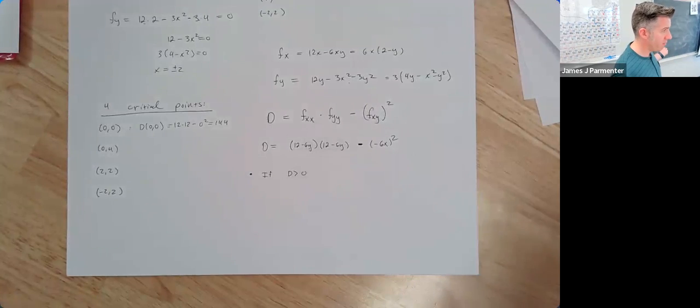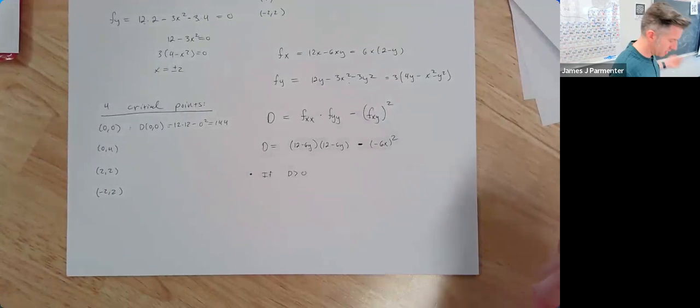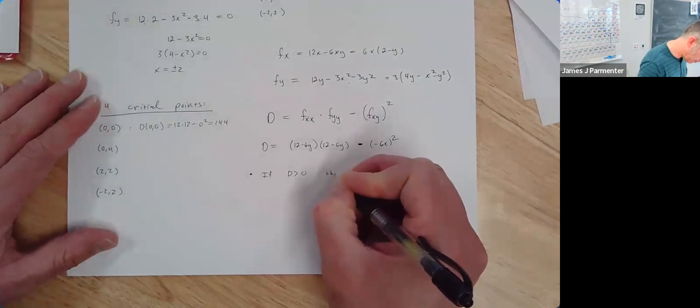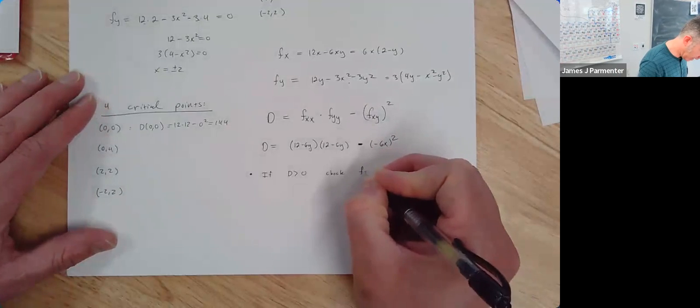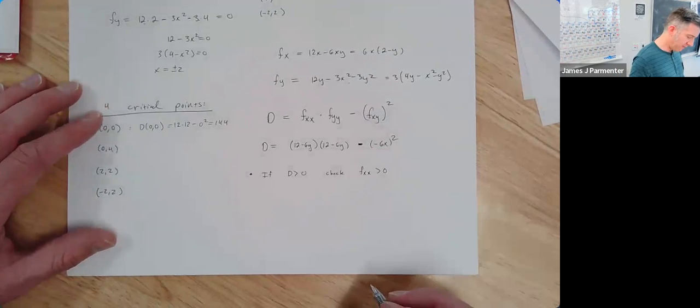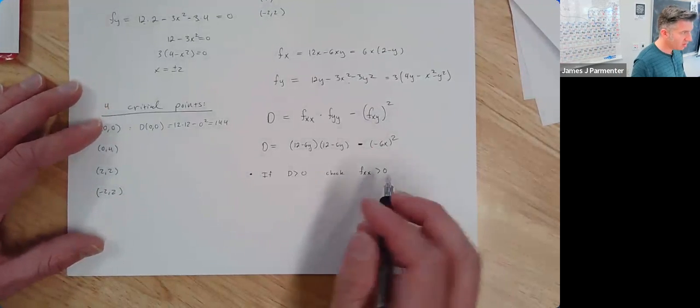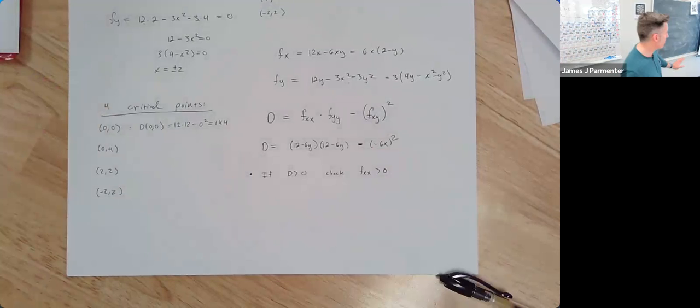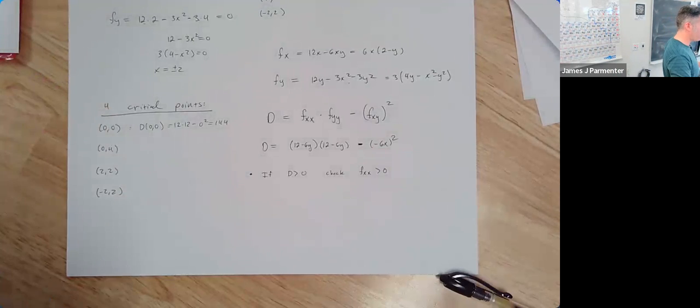So you look at one of them, people usually default to fxx. Then we're going to check, and we're going to see that in this case, fxx is positive. And if your second partial is positive, well, you probably don't remember, but you might. Back in either 16a or 16b, we learned what's called the second derivative test for a max or a min, where if the second derivative is positive, you have a minimum.